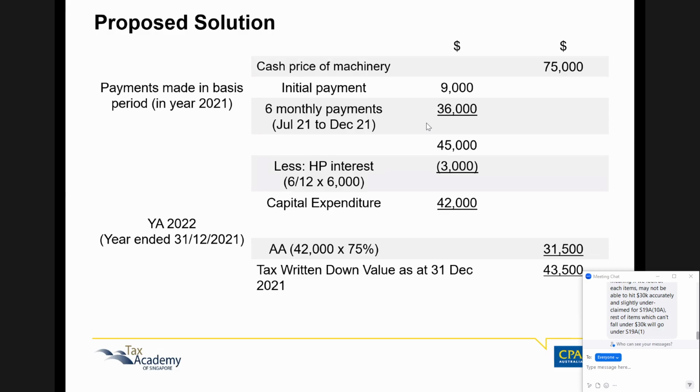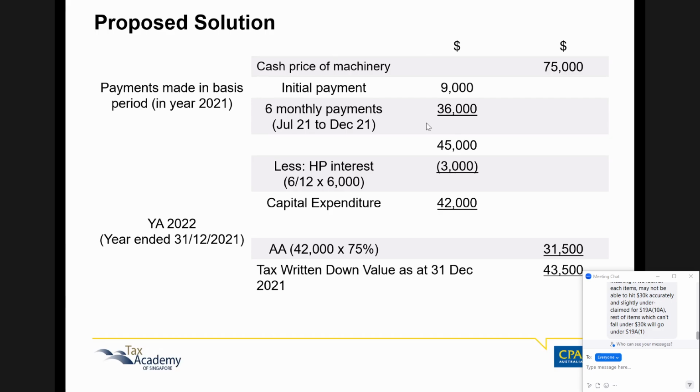If you look at individual items, you may not hit 30K. Yeah. So this goes back to what I mentioned just now. You may have a lot of small items, and if you add all of them up, you may be more than 30K.